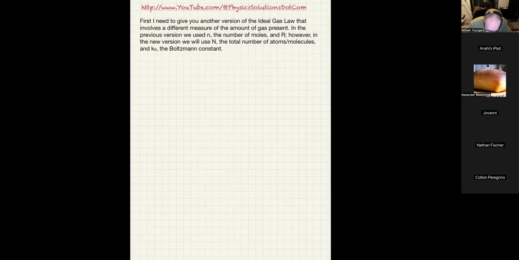Now, one way we can compute the number of moles is we can take the total number of atoms or molecules, which is big N, and divide it by Avogadro's number, because Avogadro's number is the number of items in a mole of substance. So, for instance, if you have 1 mole of oxygen, then you have Avogadro's number of oxygen molecules.